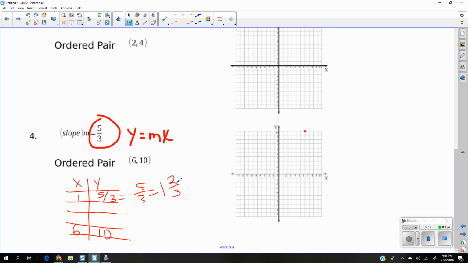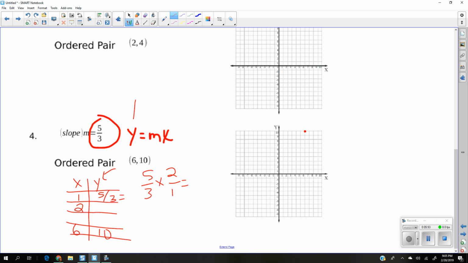What if we wanted x to be 2? So we would multiply, remember, y equals the slope, which is 5/3. Let me erase this. Okay, so that would be 5/3 times 2. Remember, a whole number can always be shown as a fraction by putting it over 1.